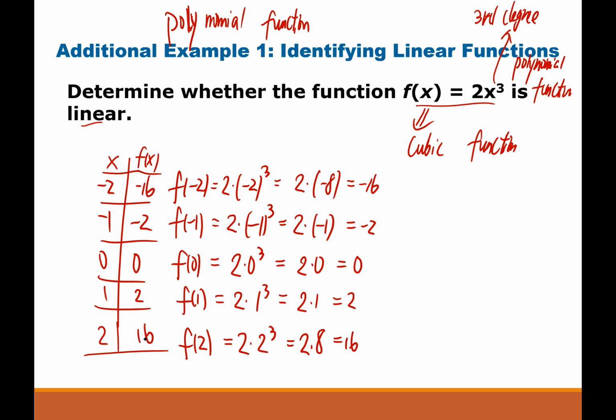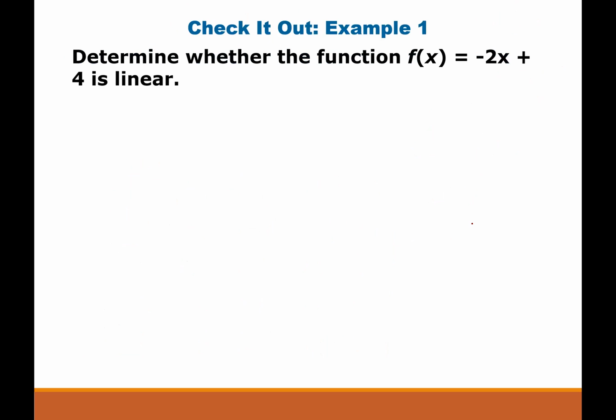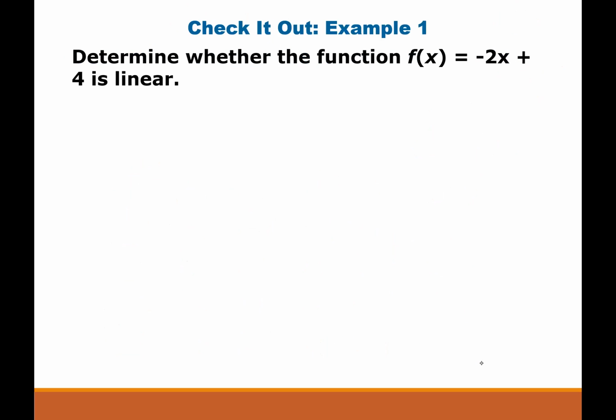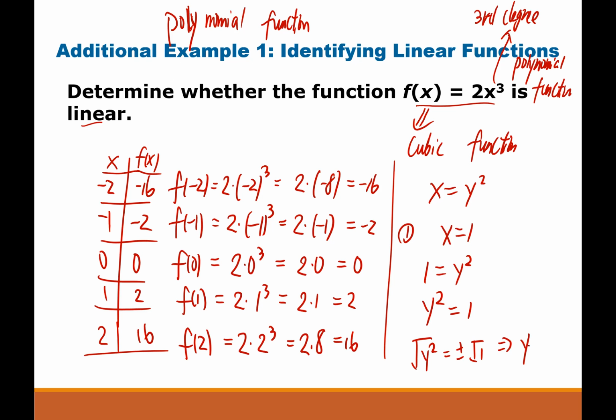Let me give you an example which is not one to one. So far, we've all been looking at one to one. Let me give a very simple example. Let's say x equals y squared. Now think about this. If you plug in a particular x value, let's say x equals 1, then what happens to the y value? So 1 equals y squared, that means y squared equals 1. If we take the square root on both sides of the equation, we get plus minus radical 1, and then the y value is equal to plus minus 1.